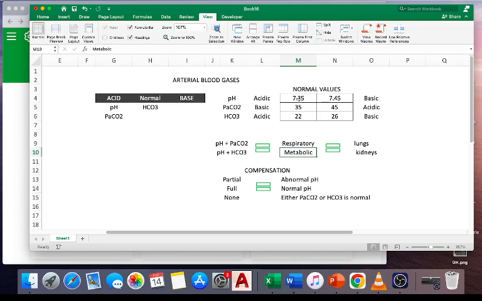Just drop the 7. For 7.35, the normal is 35. For 7.45, the normal is 45. Just drop the 7 and the decimal point. So what I only have to remember differently is the bicarbonate, which is 22 to 26.